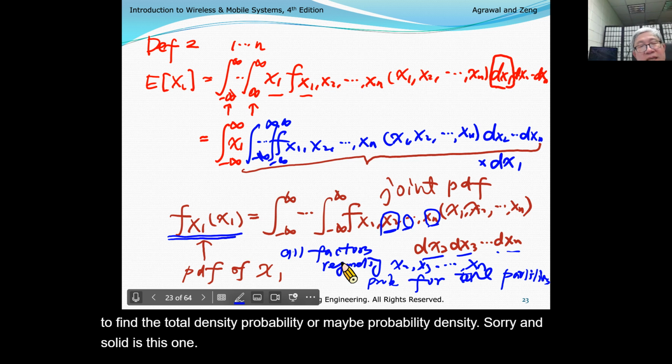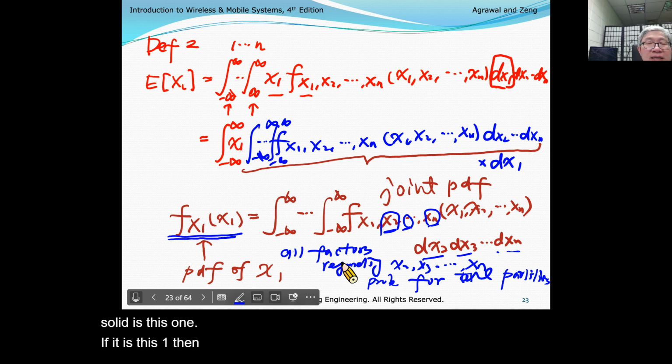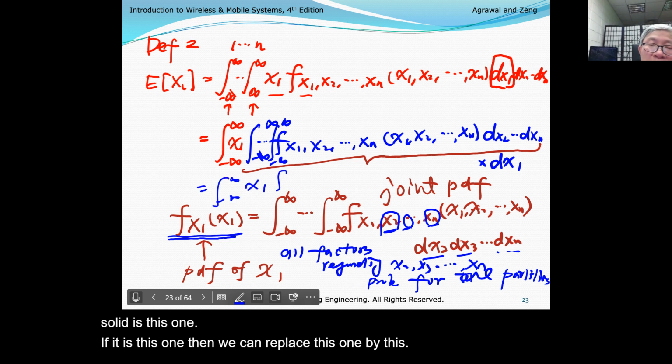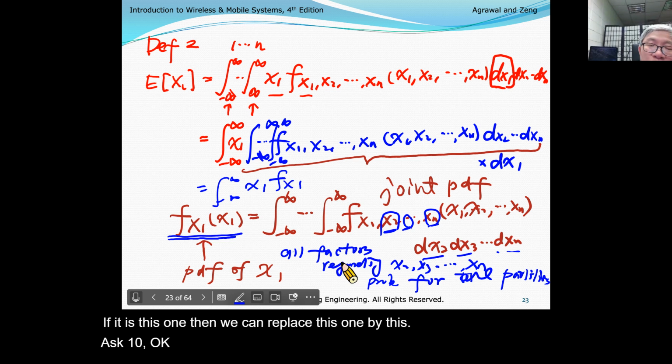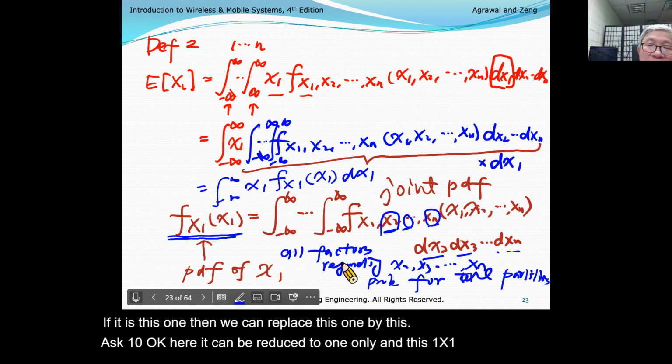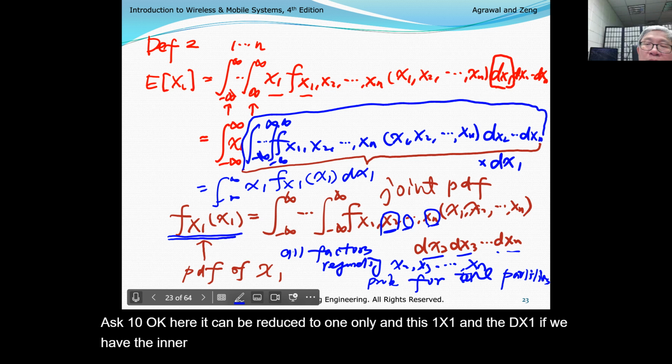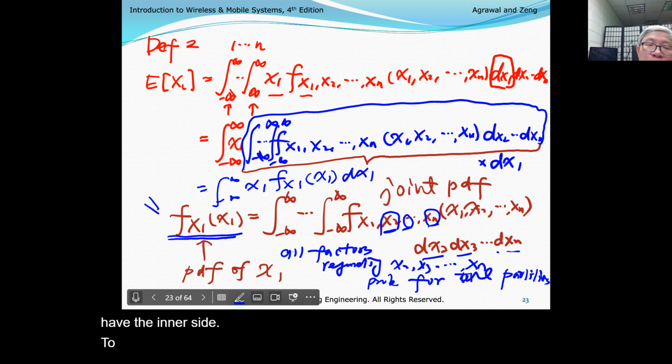If it is this one, then we can replace this one by this. x1, oh okay, here it can be reduced to 1 only, and this one x1, and dx1, if we have the inner side to have the proper derivation or interpretation. And so then we have this result.